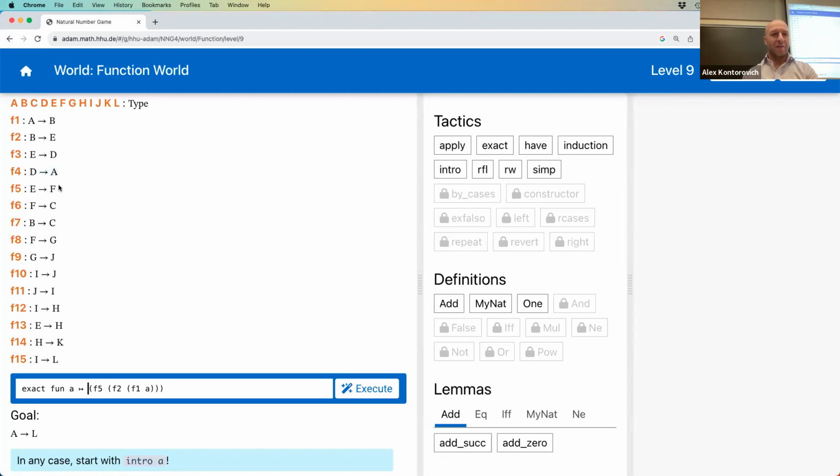I'm at F, so I'll use F8 to get to G. F9 to get to J. Nah. F11 to get to I. Then F15, close. And then F15 to shred it all down.